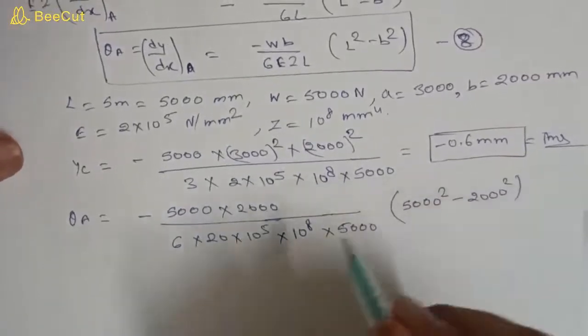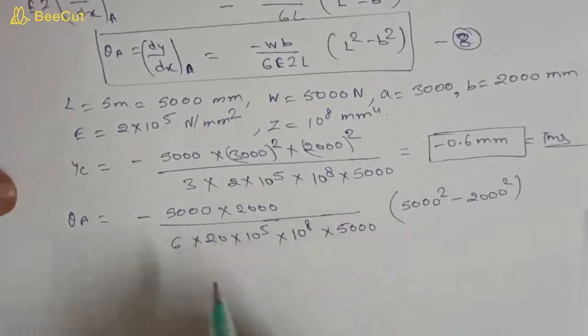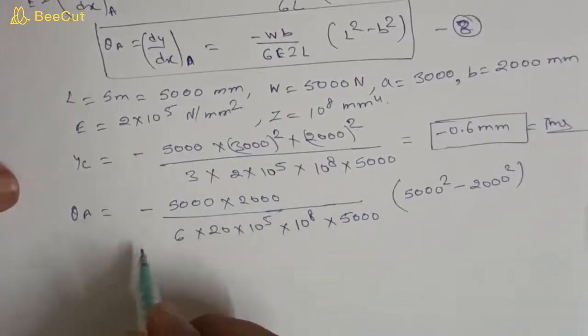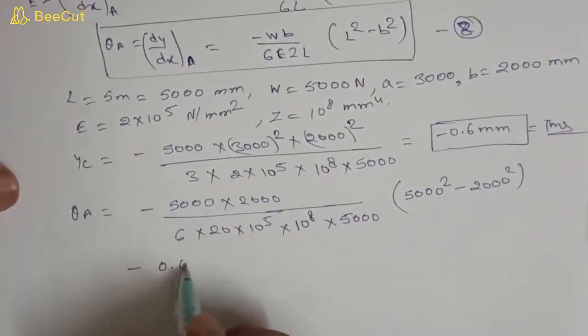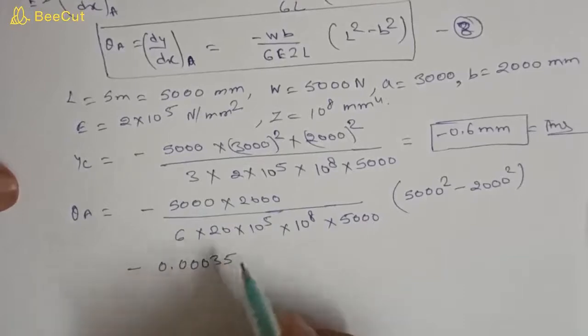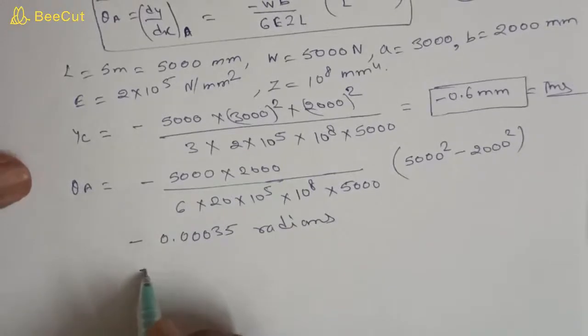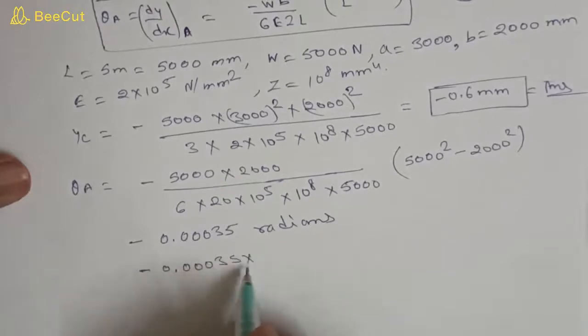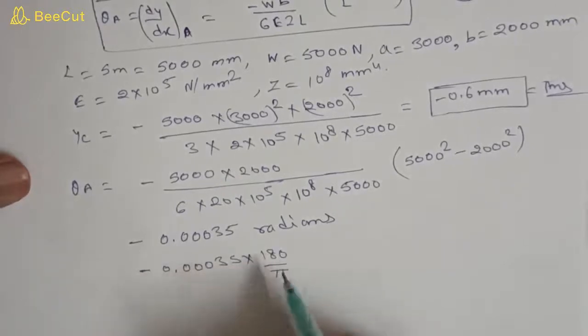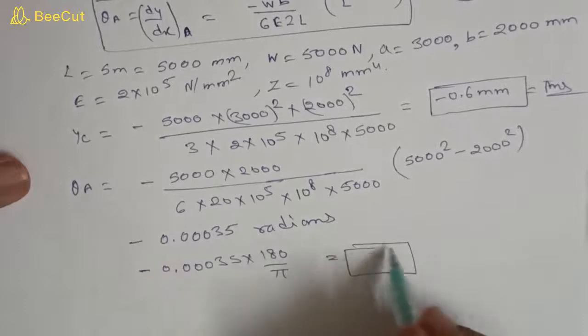If you calculate this, you will get the value of theta is equal to minus 0.00035 radians. If you want to find it in degrees, you can multiply by 180 by pi, 0.00035 into 180 divided by pi. So you will get the answer in degrees.